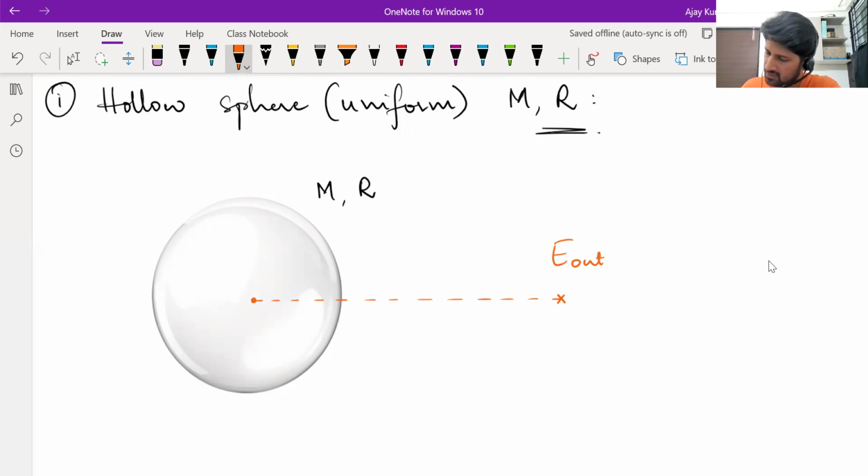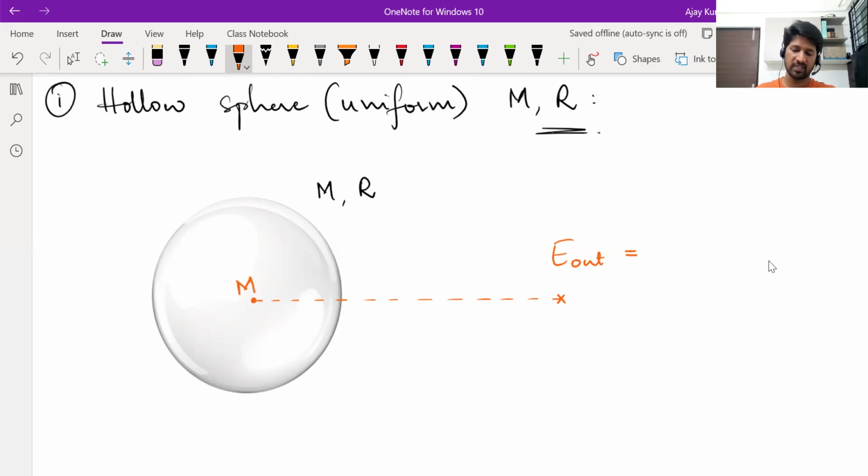If the sphere is uniformly distributed, you can consider the sphere as a single particle placed at its center of mass. In case of spheres, this can be done. The proper proof, why or how this can be done, you will learn in 12th class.